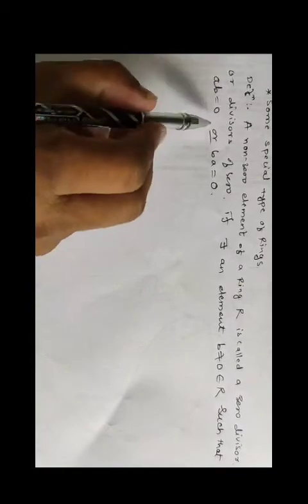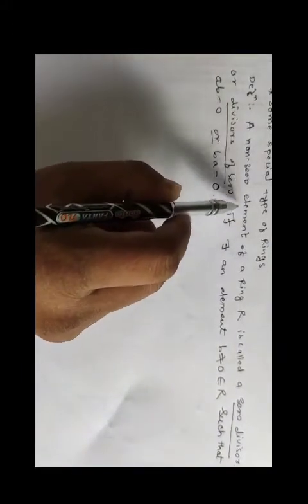So students, be careful. See what is the definition of divisor of 0 or zero divisor. A non-zero element of a ring R is called a zero divisor.